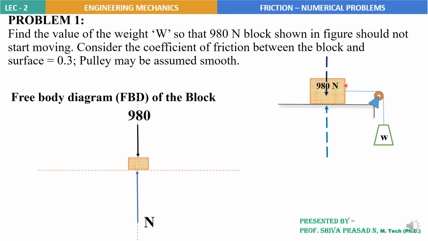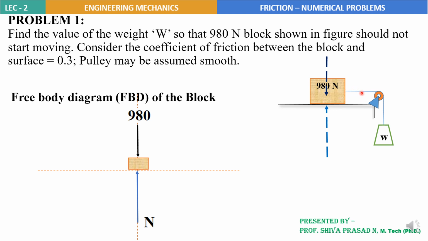Because this block is tied with a string and it is suspended to a weight, the tension in the string will act as an applied force acting towards the right, whose value will be equal to the weight suspended.